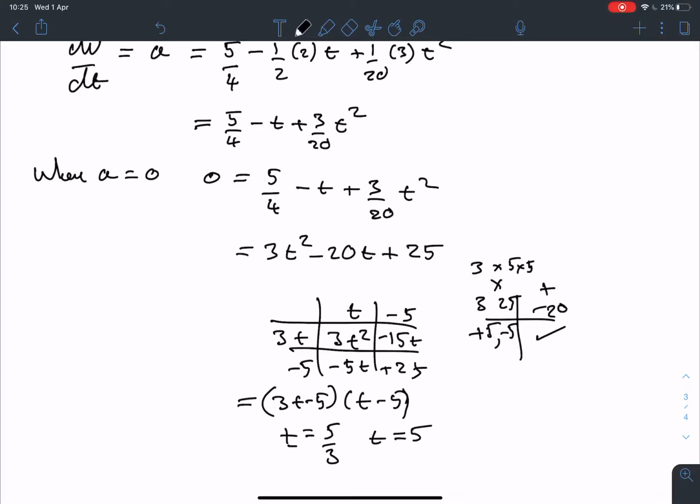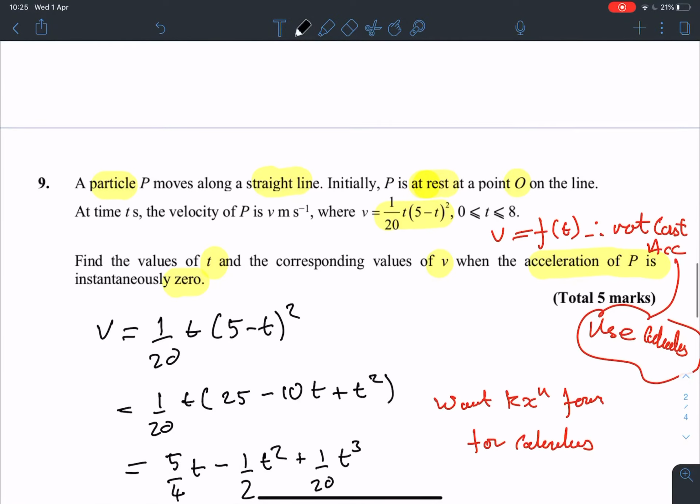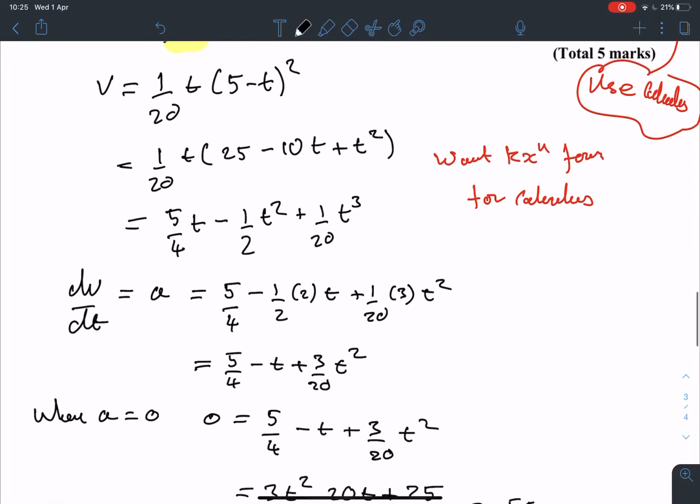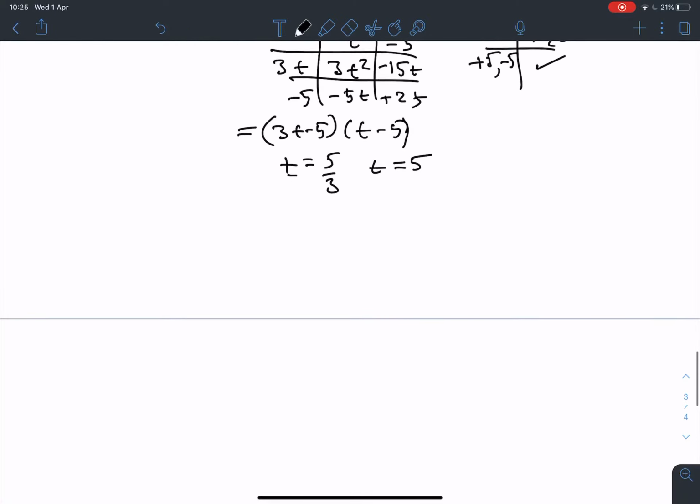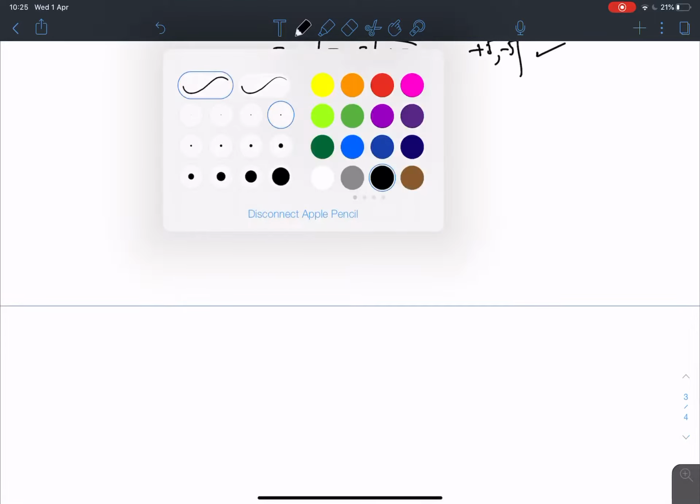And we're all pleased with ourselves, but as usual, we better just read the question, check that we've answered it. So we read back. Find the values of t, done that, and the corresponding values of v. So we've got to find the v values at these times.